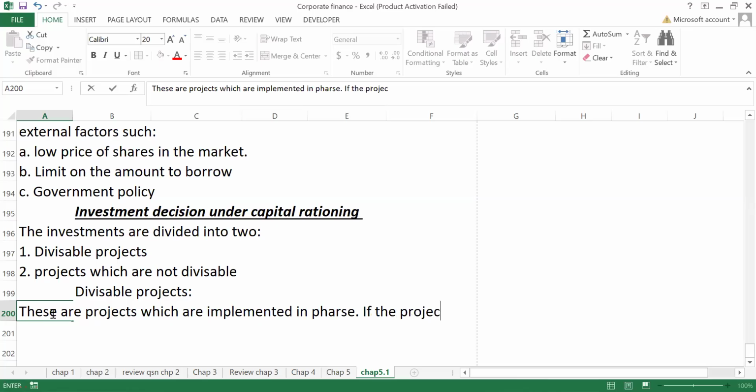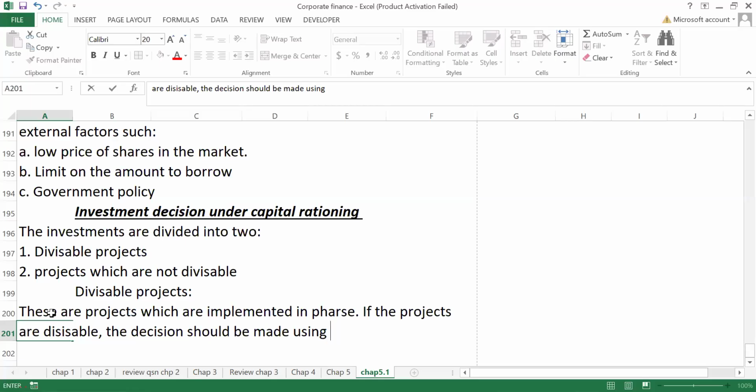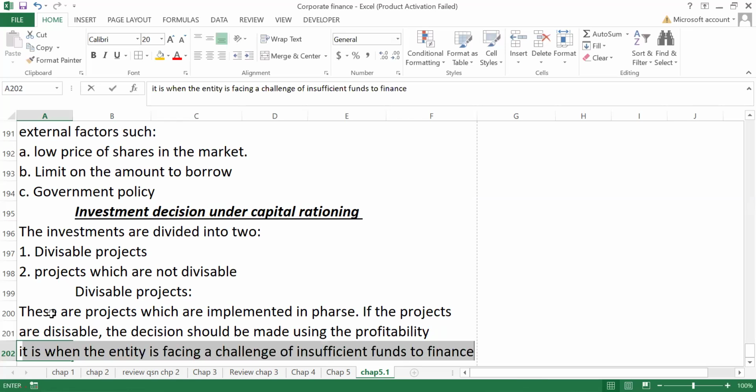So if the projects are divisible, the decision should be made using the profitability index.